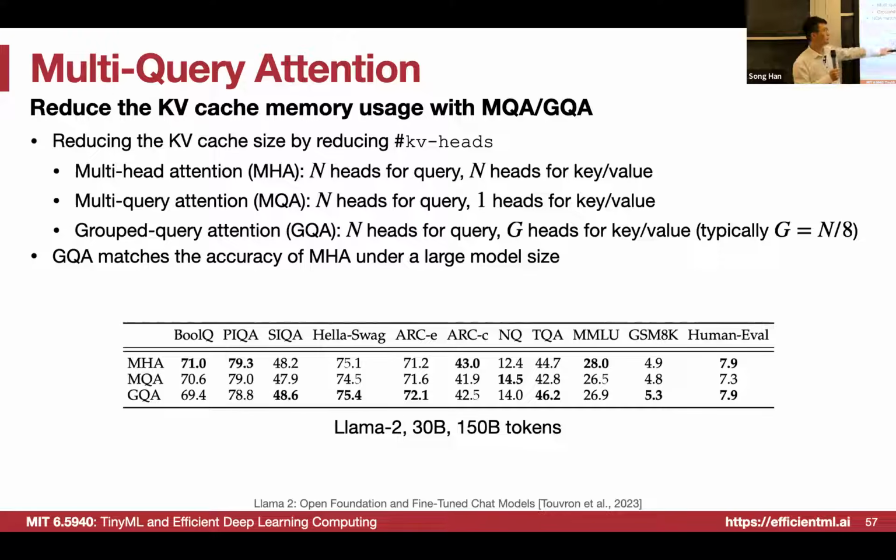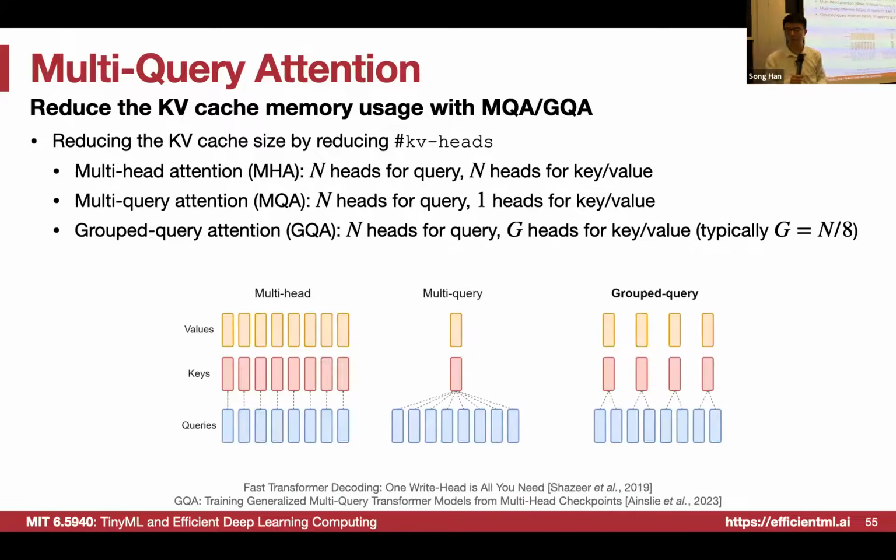But for multi-query attention, you can see some degradation in accuracy, which makes sense, because in this case you are losing the most information. If you select the right number of groups, like 8 here, it maintains the accuracy. As a result, this is also used in the largest Llama 2 model, the Llama 2 70B model.